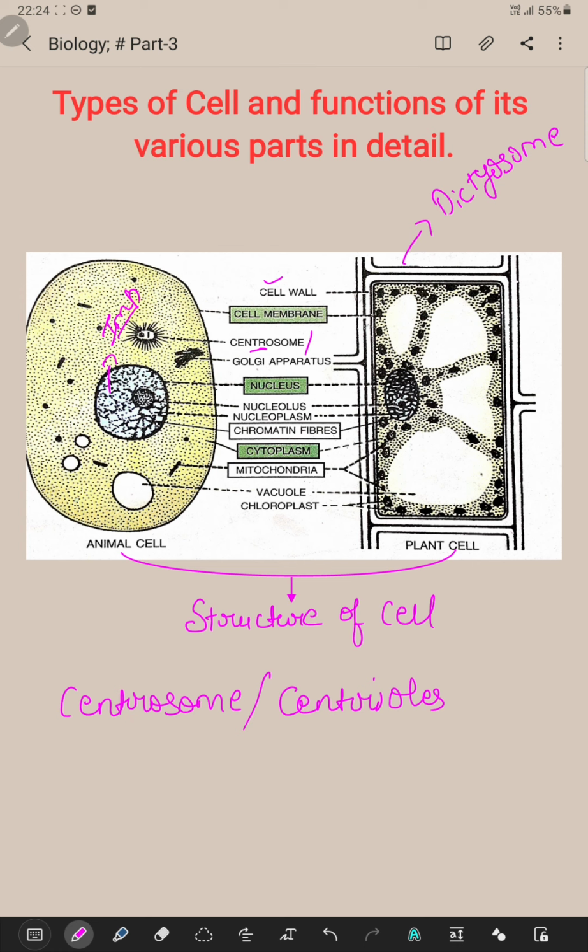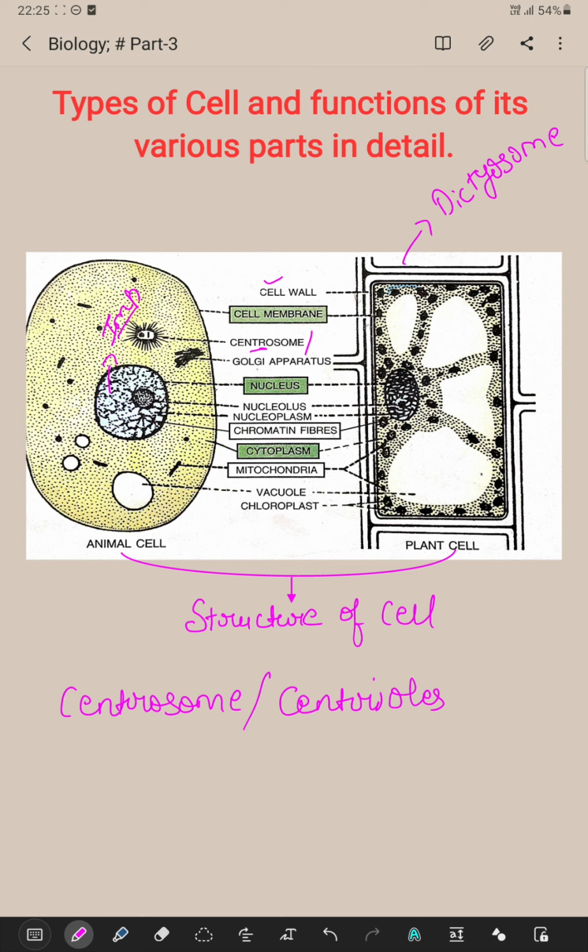Then cytoplasm. Cytoplasm is this semi-liquid layer. You can see this liquidy layer here around this yellowish part. This is called cytoplasm. Then we have mitochondria. Mitochondria is the powerhouse of the cell that we have read in the 6th class also.